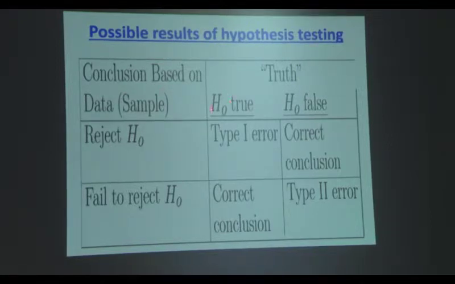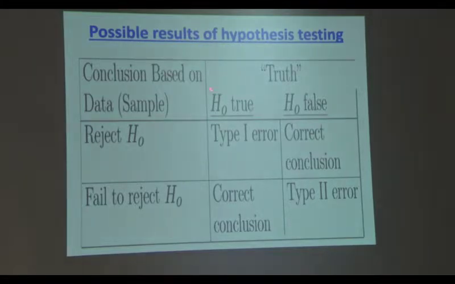So the null hypothesis is that this person did not kill that person until the state proves that this person killed the person. Now, if the judge rejects the null hypothesis when it is true, the truth of the null hypothesis, this person did not kill, means that the accused is innocent.